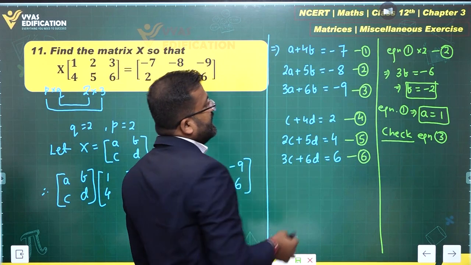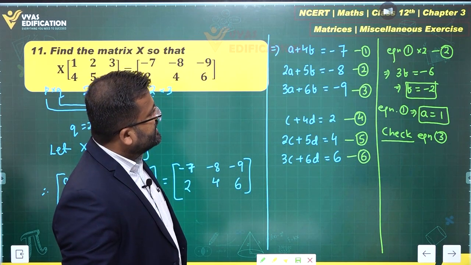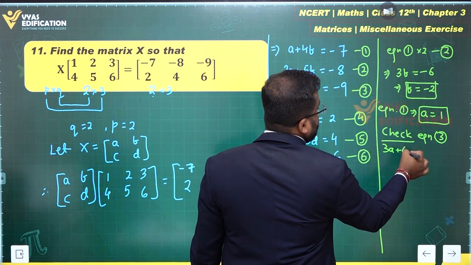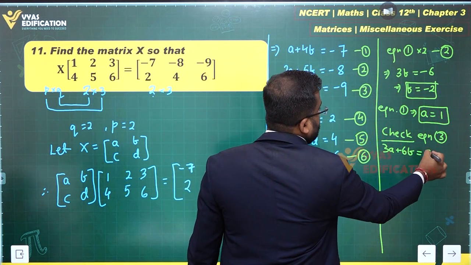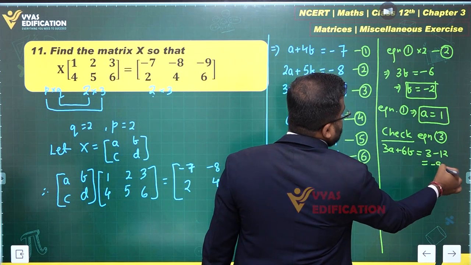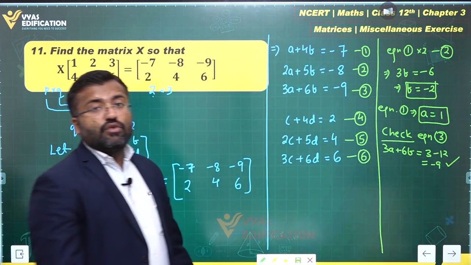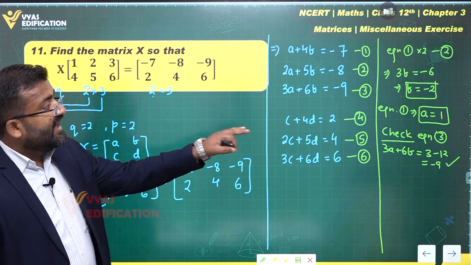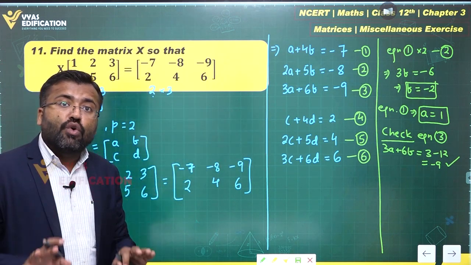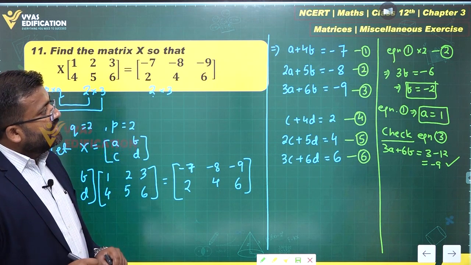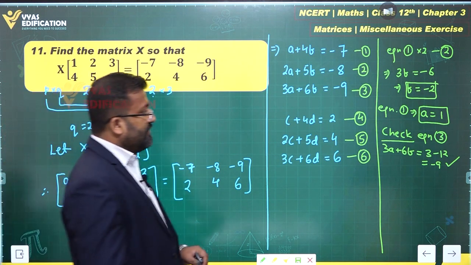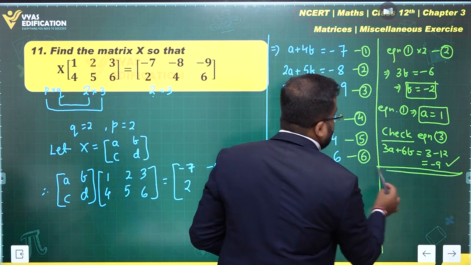So what you get is 3A, which is 3. 6 times 2 is 12. 3A plus 6B is equal to 3 minus 12, which is minus 9. That is okay. This is equal to the RHS. Therefore, the solution that we have obtained, A is equal to 1, B is equal to minus 2, is okay. That's simple now. Right. On solving 1, 2, 3, we get the values of A and B. Can we solve 4, 5, 6 to get the values of C and D correspondingly? Yes.